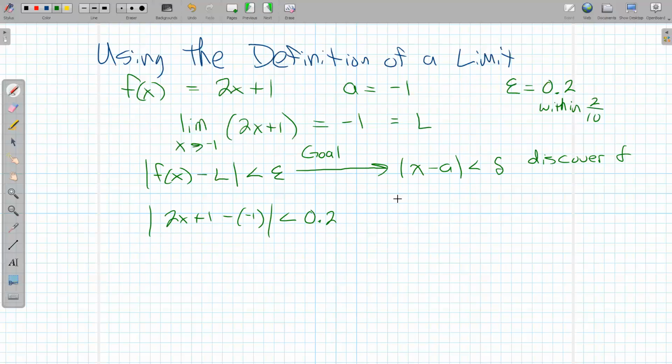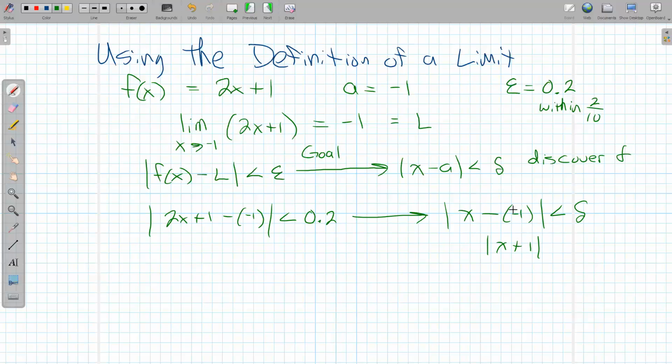And I want to apply a little algebra to make it look like x minus a. Actually, what is my a here? My a is -1, so x minus -1 would be x plus 1. It's less than delta, and I should be able to discover delta there. Now, x minus -1 is the same as x plus 1.